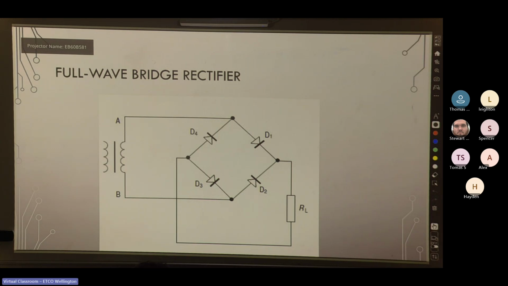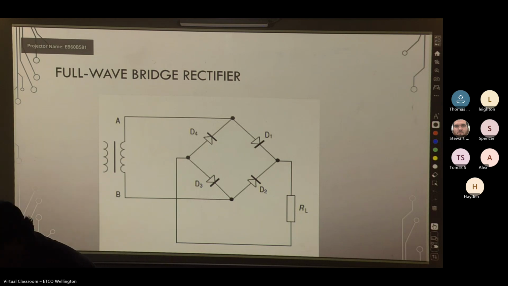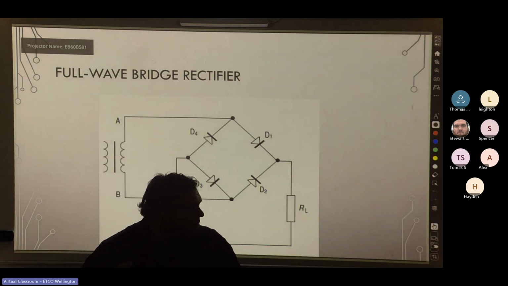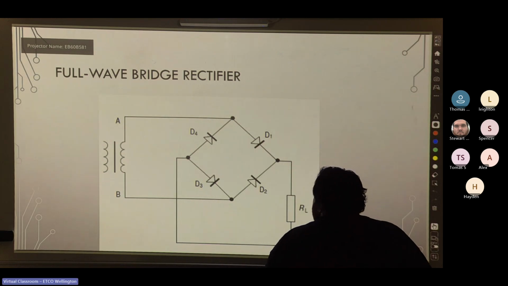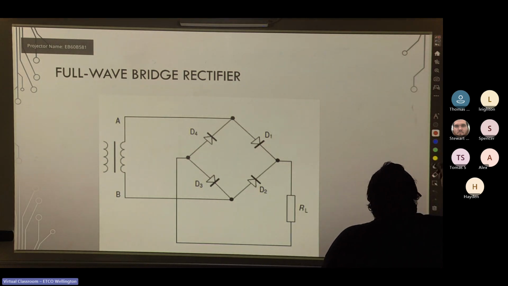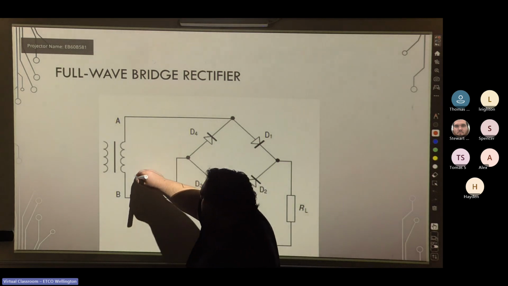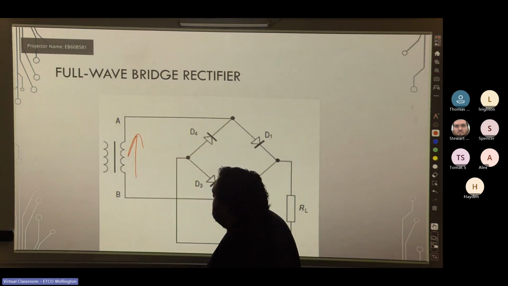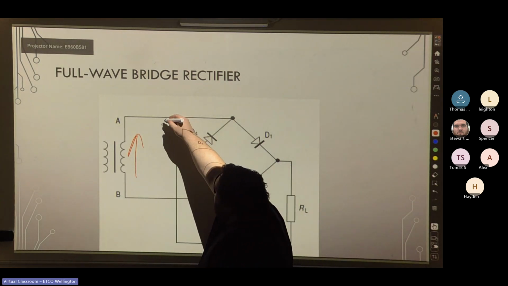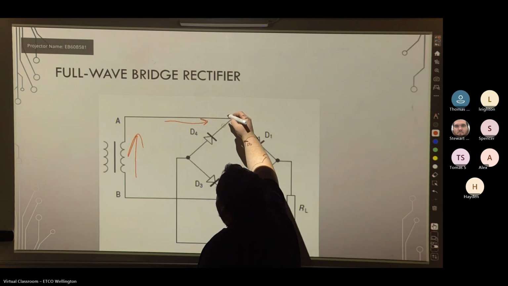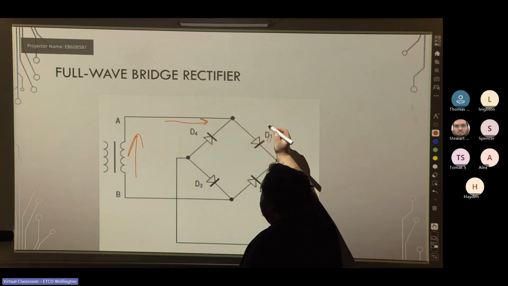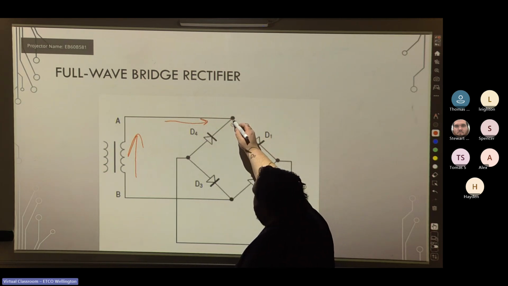Cool. So we take this circuit. We'll look at the first time we get through half of the AC waveform, current is flowing in this direction. So it will come down here, it will get to this point here. It's got two options, tries to go this way, rejected.